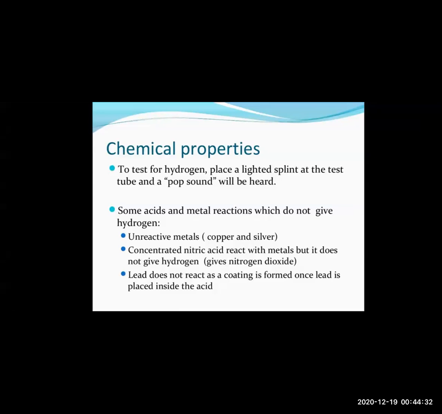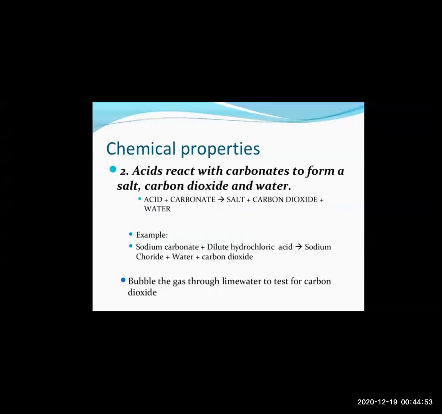When nitric acid reacts with metal, hydrogen is not given out; nitrogen dioxide is given out. Lead also does not react with the acids. So these are some of the chemical properties.